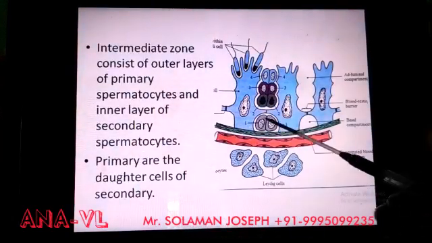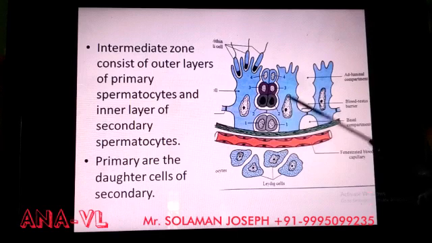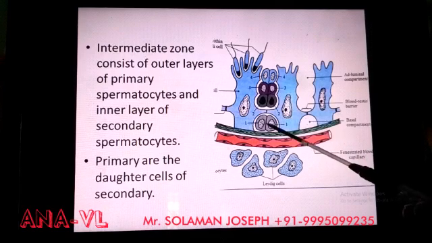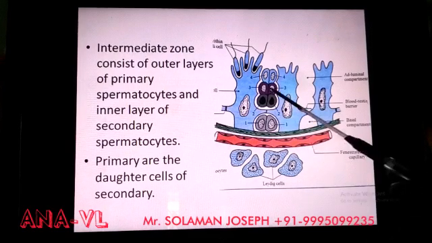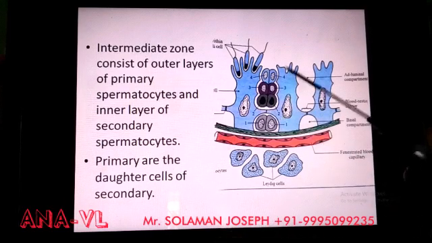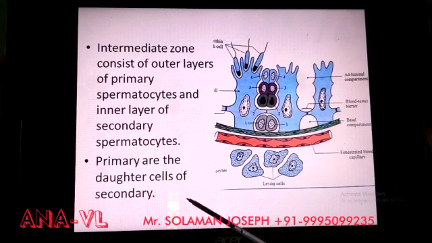Then we go to the intermediate zone, which consists of an outer layer of primary spermatocytes and an inner layer of secondary spermatocytes. The primary cells are the parent cells of the secondary spermatocytes.